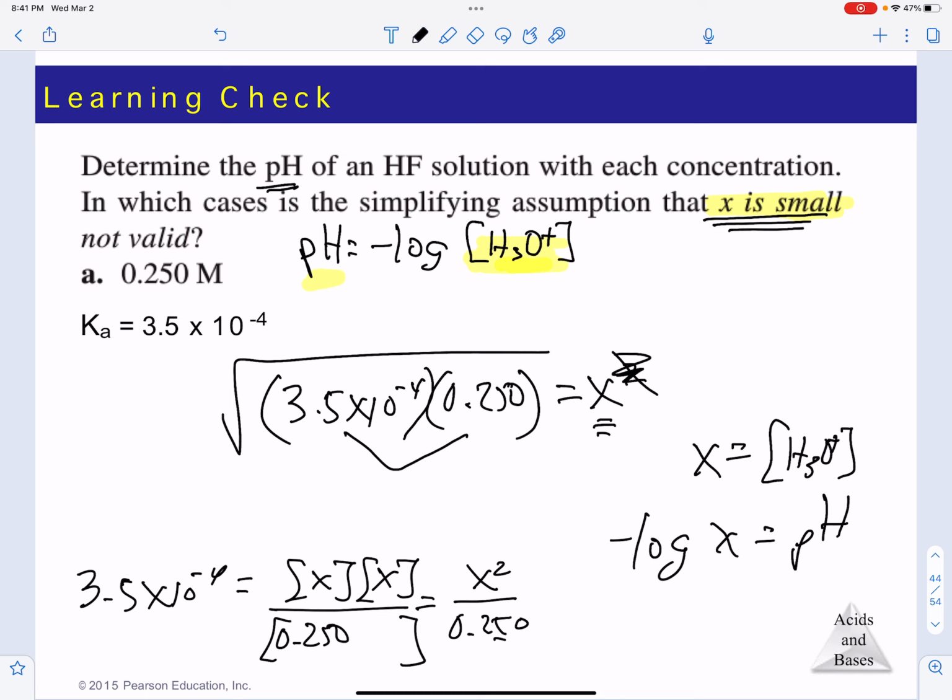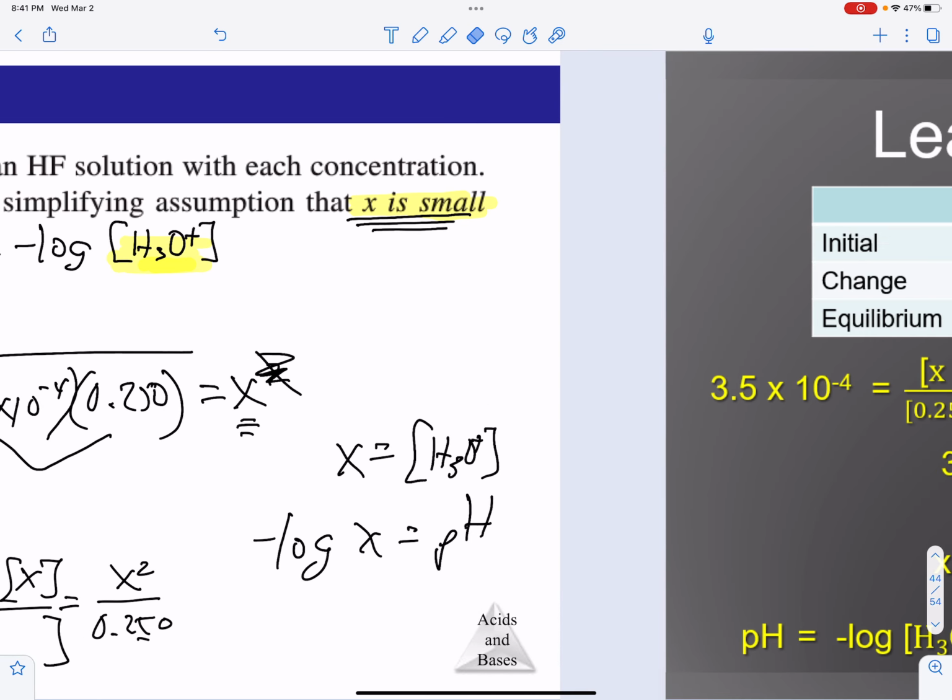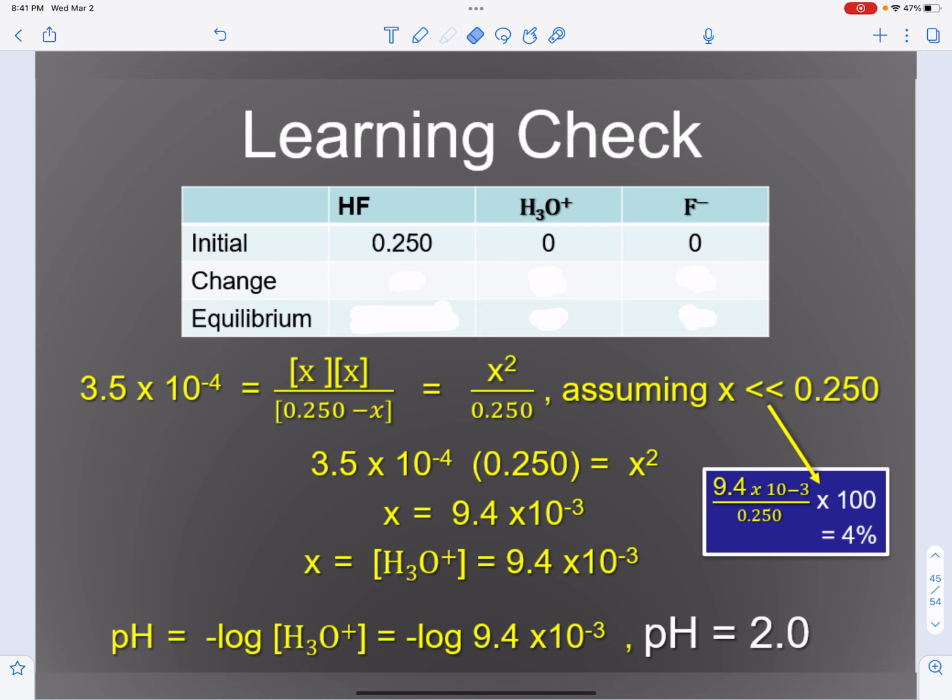So that's how we do that, by knowing that the pH is going to need the hydronium and knowing that the hydronium is going to be one of the products. So a little bit better organized: initially we have 0.250 of the hydrofluoric acid, 0 and 0 of that. Then we take care of the change.